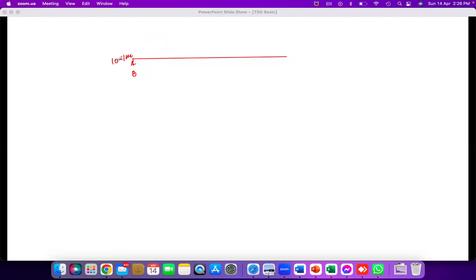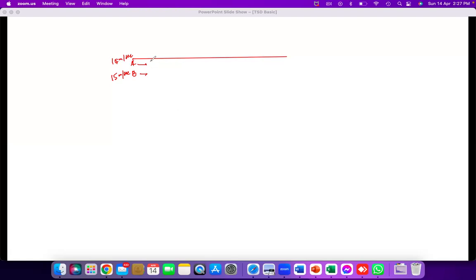Speed of B is 15 meter per second. They are moving in same direction. Now, the question is, how much gap is created in 5 seconds?